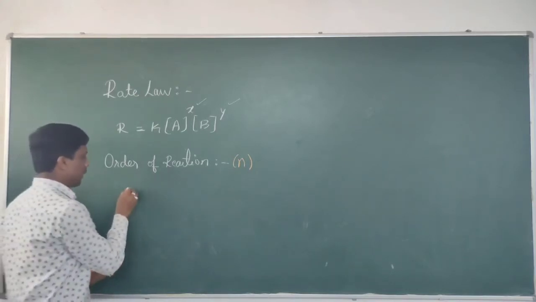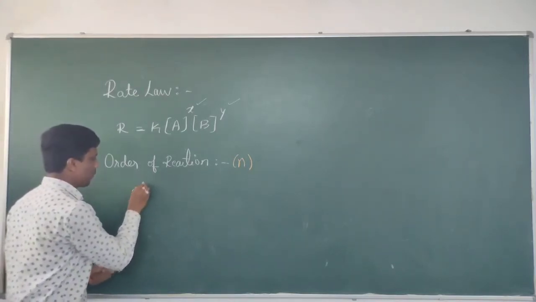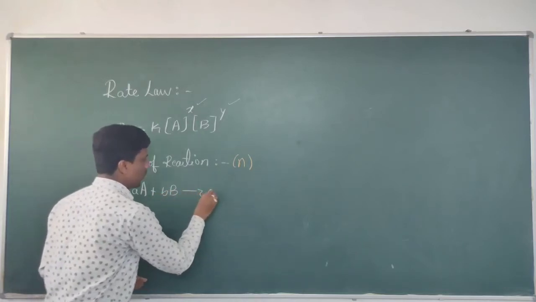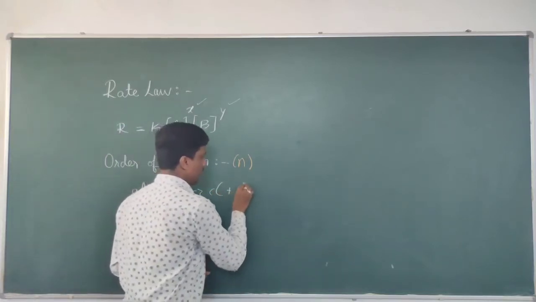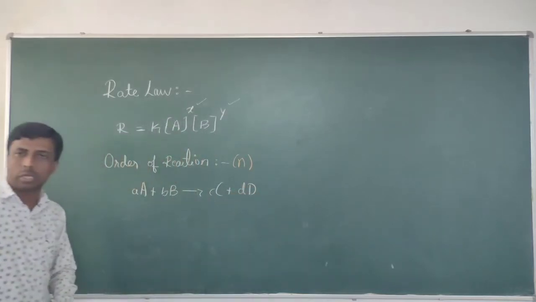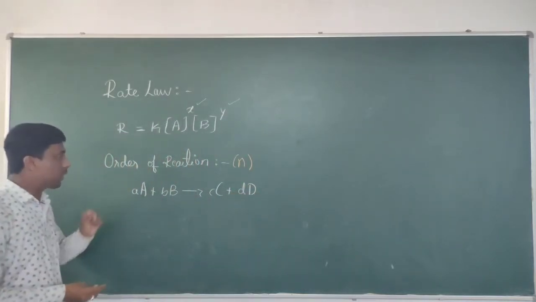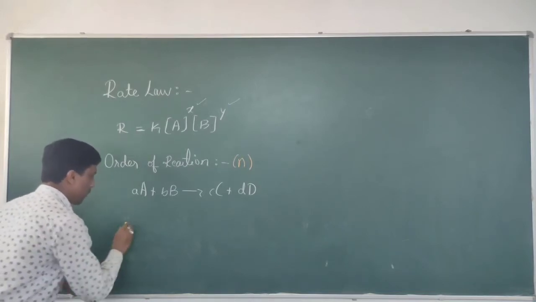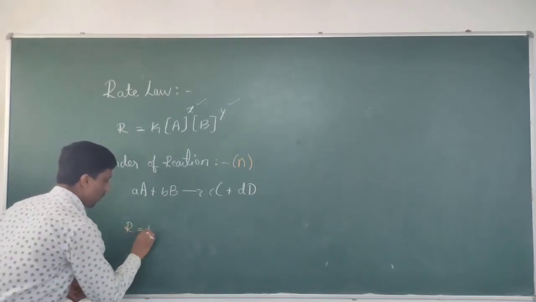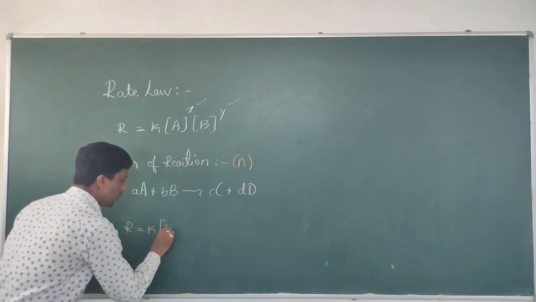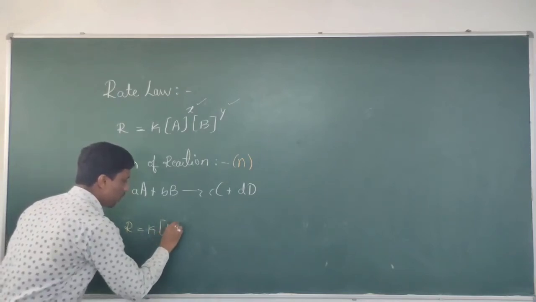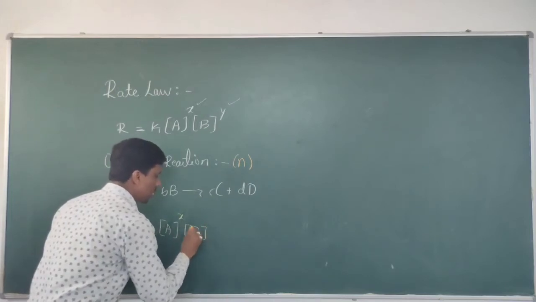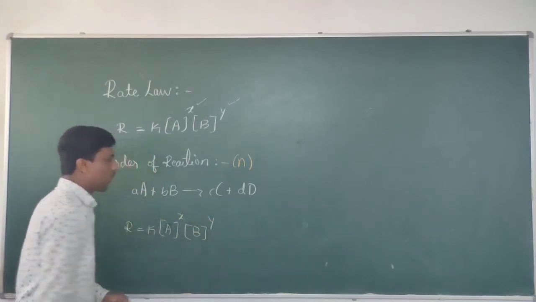If you consider a general reaction, how do you give the rate expression for this general reaction? R is equal to K into the molar concentration of A raised to the power x into the molar concentration of B raised to the power y.